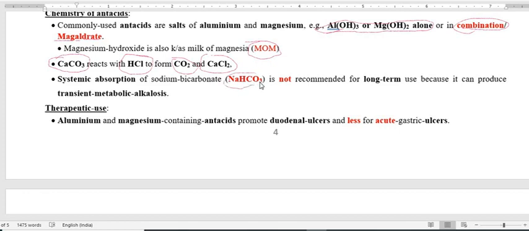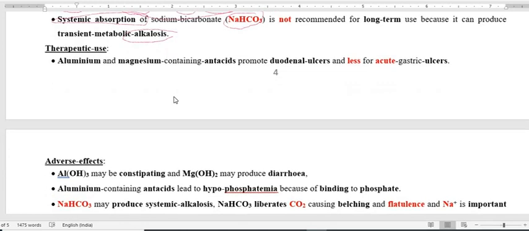Soda bicarb is a systemic antacid, but it should not be used for a longer time interval, because it produces alkalosis, which we call transient metabolic alkalosis. So the aluminum and magnesium hydroxide mixture we use to promote the healing of duodenal ulcer, and it is less preferable in acute gastric ulcer.